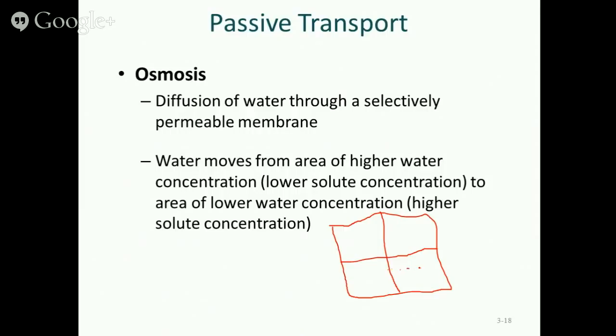Now let's say this semi-permeable membrane would allow the solute particles to pass through it, okay? If the solute particles can move through it, we have something called diffusion. And diffusion says solute moves from high to low concentration, okay?